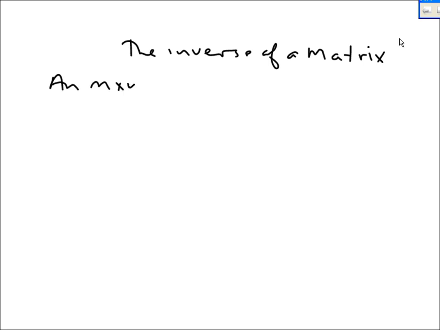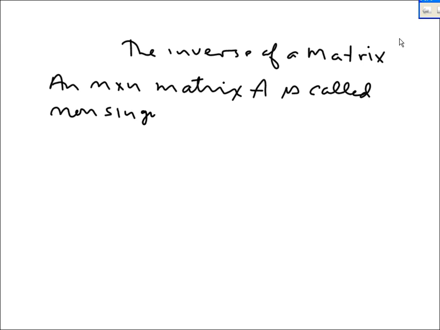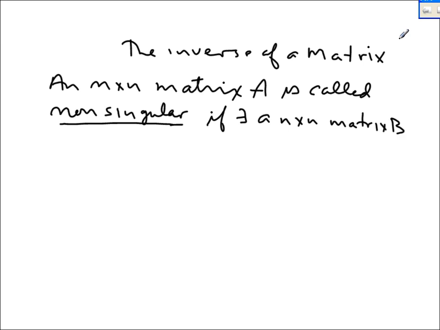An n by n matrix A is called non-singular if there exists an n by n matrix B such that two things happen.